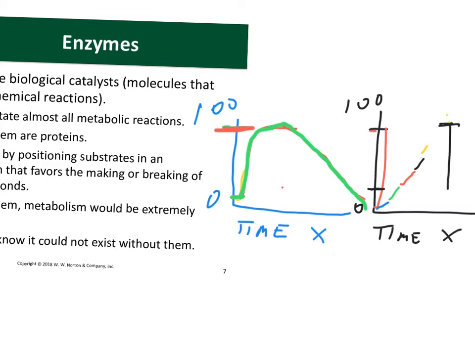The thing is, if you did that inside of a cell, it would burn up the cell, because we're talking 300 or 400 or 500 degrees Celsius in terms of burning something like carbohydrates up. So enzymes allow us to actually do these reactions, but instead of doing them all at once and needing a lot of energy, you do it all in small steps.